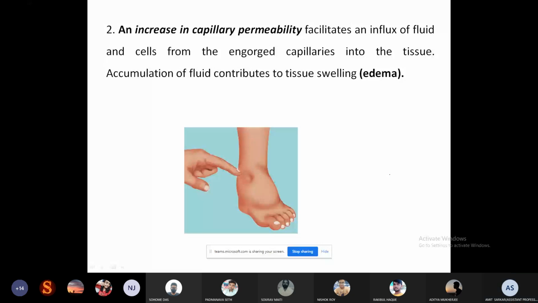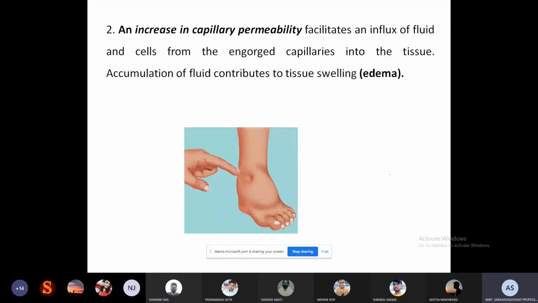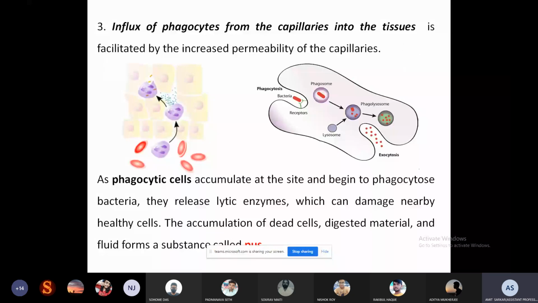Now what is happening? The influx of phagocytes from the capillaries. We have seen in the last slide, and here I tried to draw, that capillary permeability is increasing. Lots of fluid, mostly water and other types of salts, enter into the tissue space. At the same time, different types of cells, phagocytic cells, are also entering that space. So you can imagine this is our blood capillary. We have a red blood cell, a macrophage and a neutrophil, and this is our tissue space.